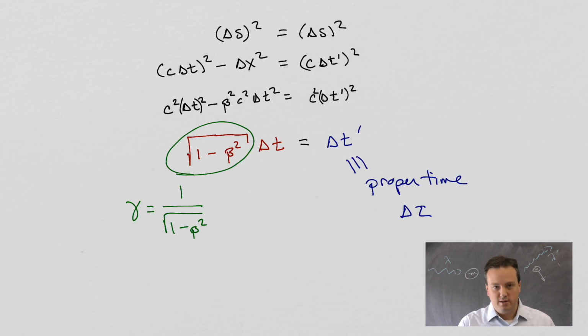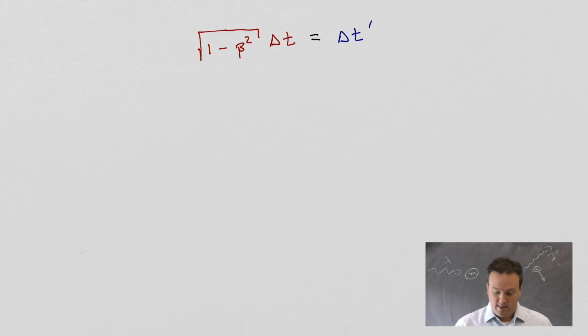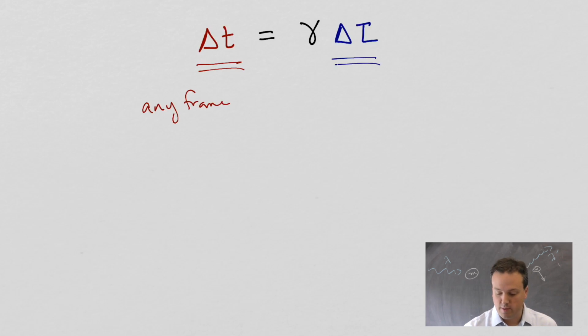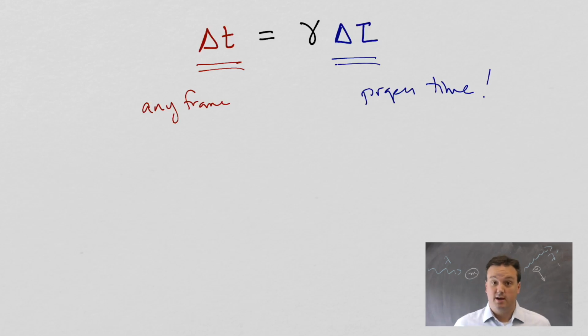And so now, because the proper time is this thing that's unique, it's most convenient, or most traditional, to redo this expression so that I'm solving for the time in some other reference frame, delta t, in terms of the proper time and the velocities. And of course, that just means taking this expression and turning it around so that I have the time measured in any reference frame and how it relates to the proper time. And of course, this expression now is beautifully succinct, right?